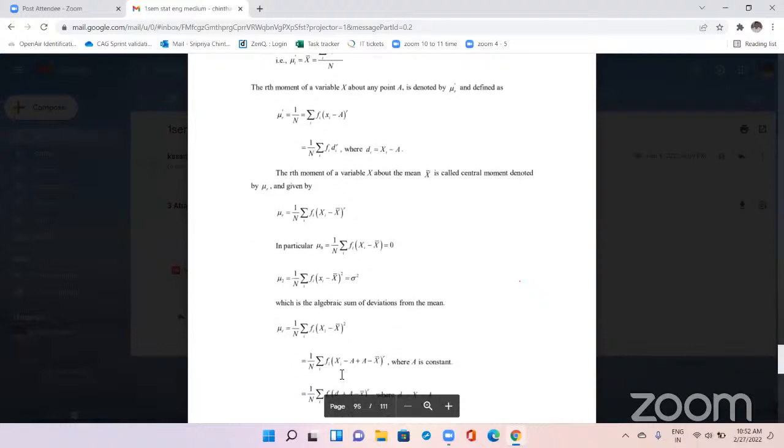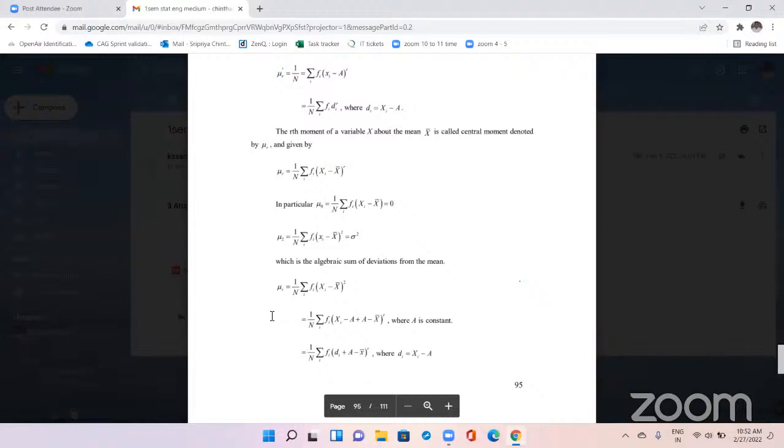Now coming to simplify it. Mu r is equal to 1 by n sigma fi into x minus x bar whole to the power r. Now minus a plus a. You can subtract a, you can add a, there is no difference, where a is constant.